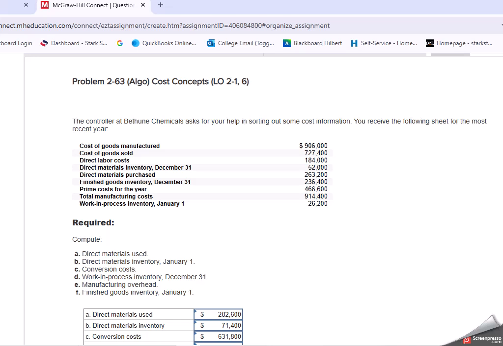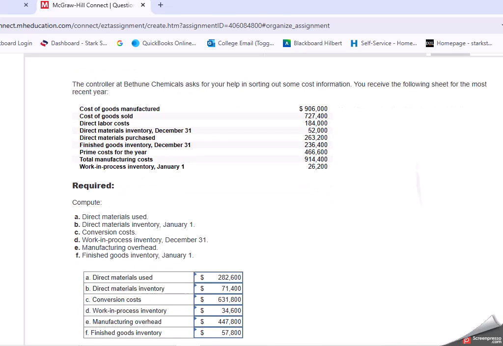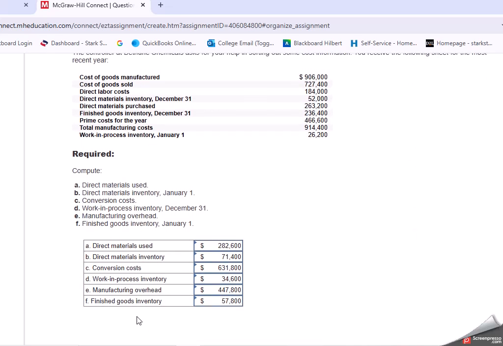We want to take the beginning work in process, the 26,200, plus the 914,400 total manufacturing costs, and then subtract out the cost of goods manufactured, which goes into our finished goods inventory. That leaves us the 34,600. Because again, that's what moves over into our finished goods.